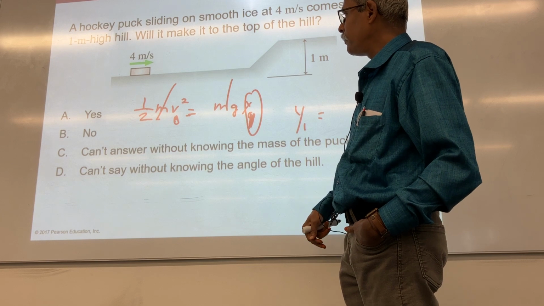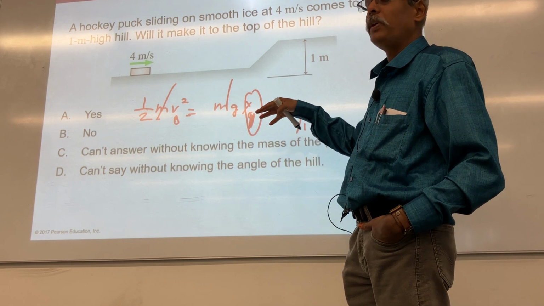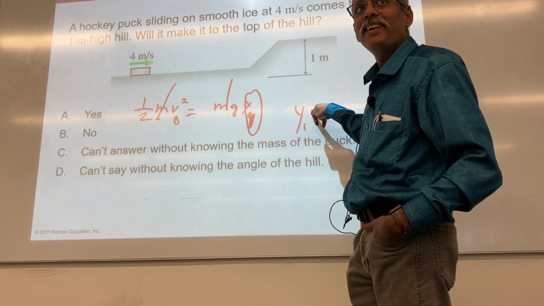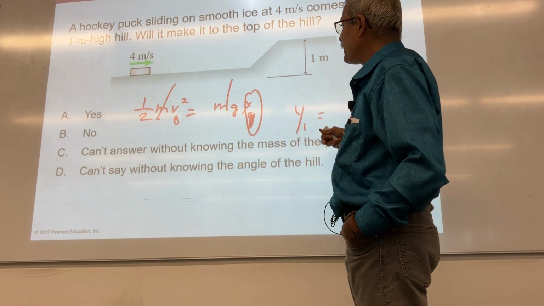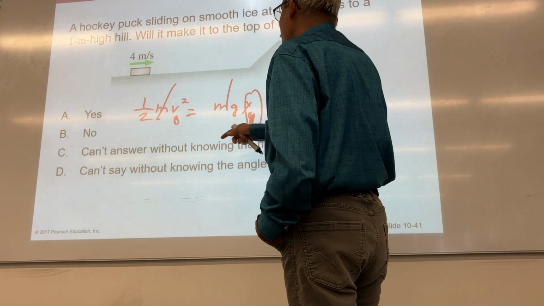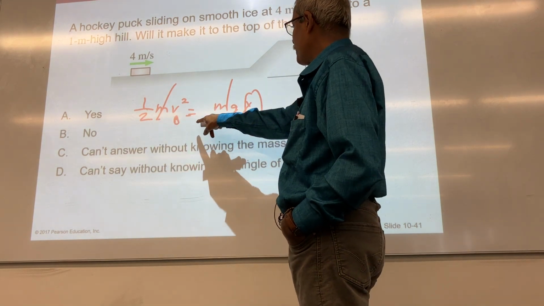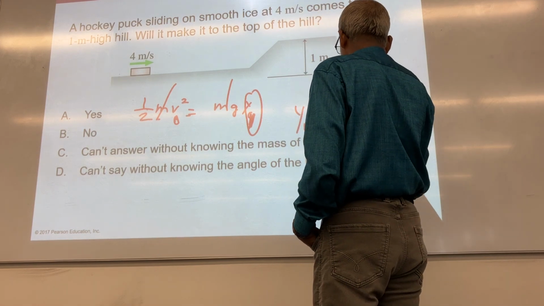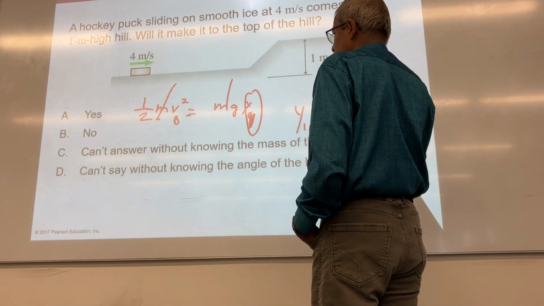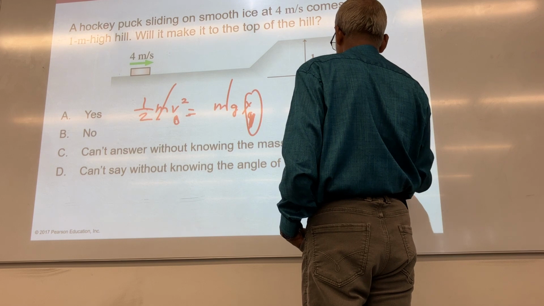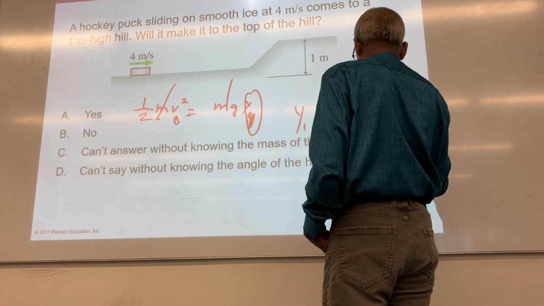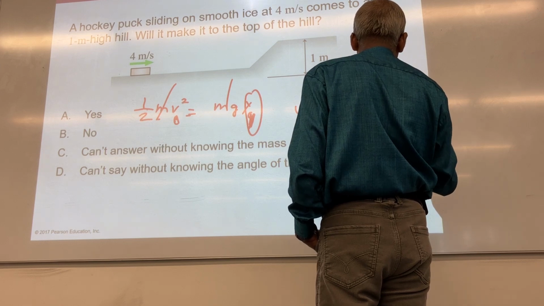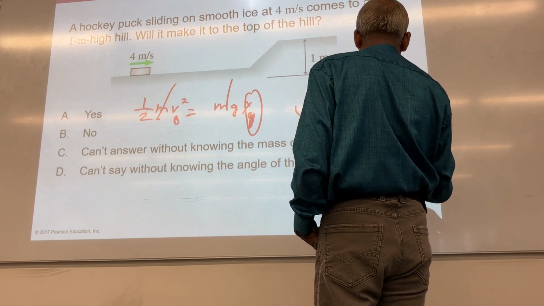We are not putting in the 1, we are finding the 1. So y1 equals 1/2 v0 squared over g, that is, v0 squared over 2g. So 4 squared over 2 times 9.8. How much is this?